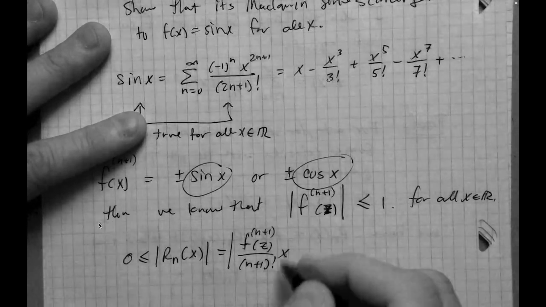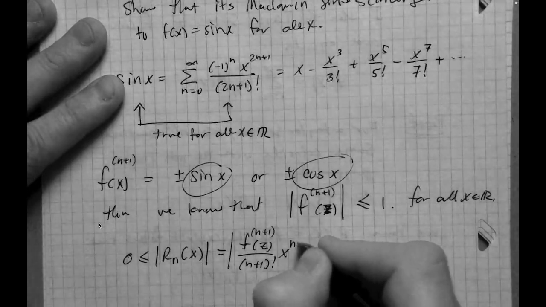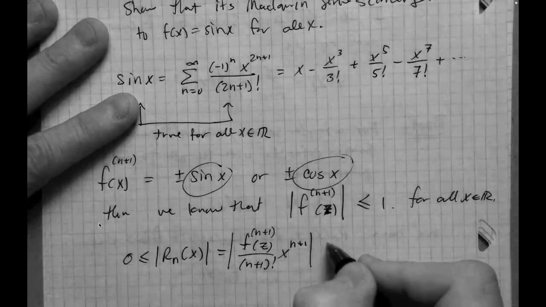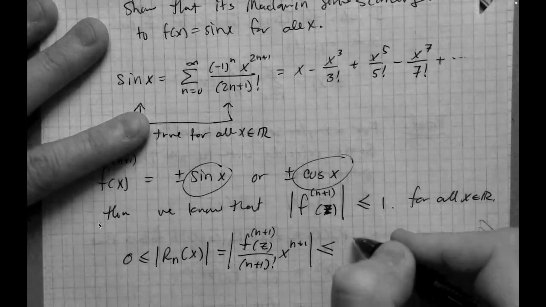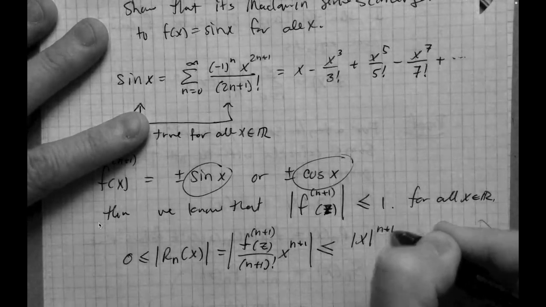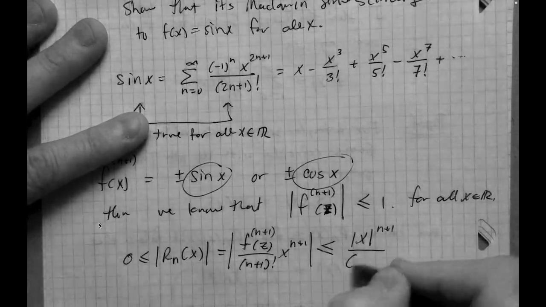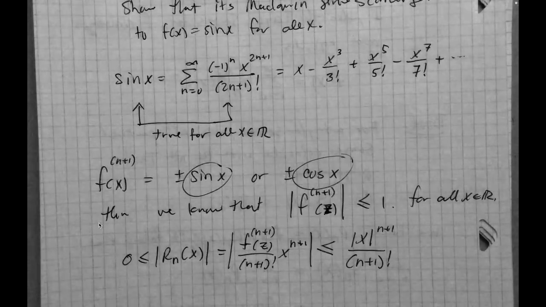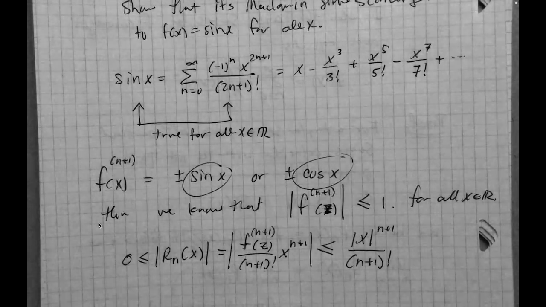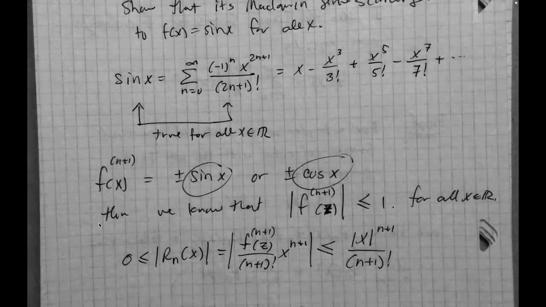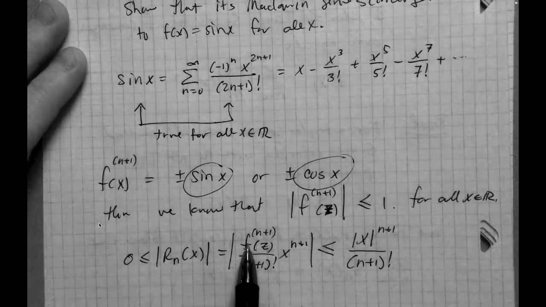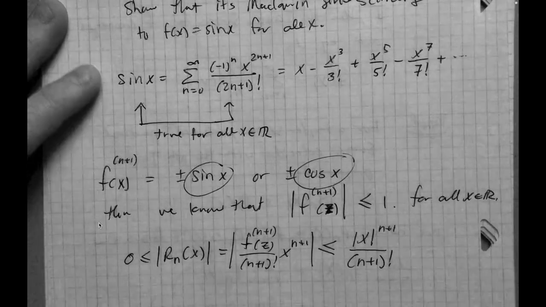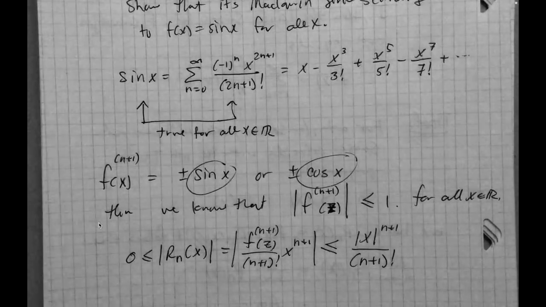This is a MacLaurin series, so it's just x to the n plus 1 power. Okay, and so then obviously that's going to be less than or equal to x to the n plus 1 power over n plus 1 factorial. Perfect, right? So basically we know that this is just basically -1 or +1, and so it's meaningless inside the absolute value. Okay, so we dump it out.